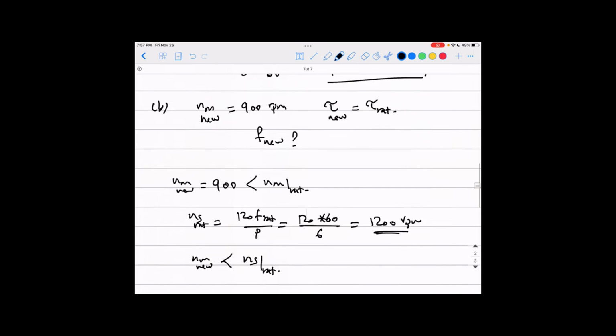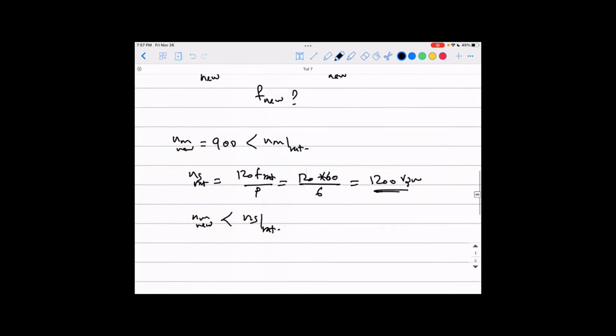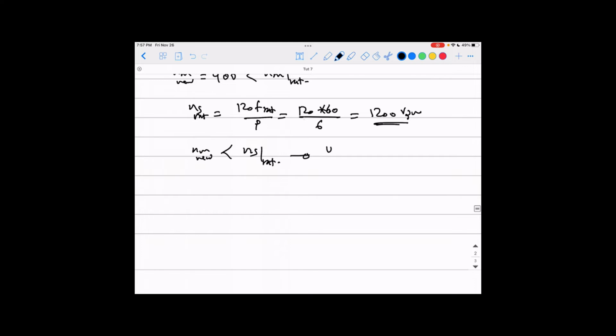That means you are still in the left zone, because you're just going below the F rated. And that means you are still in the V over F equals constant at its rated value zone. We didn't go beyond the rated frequency, so the voltage will not stop increasing, and V over F is still constant at its rated value.